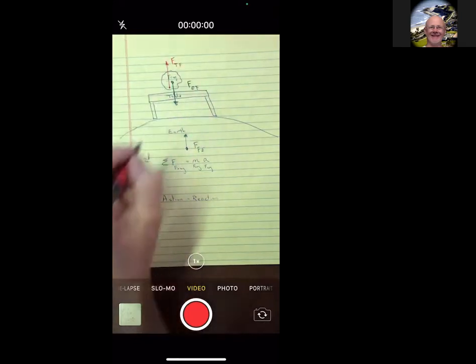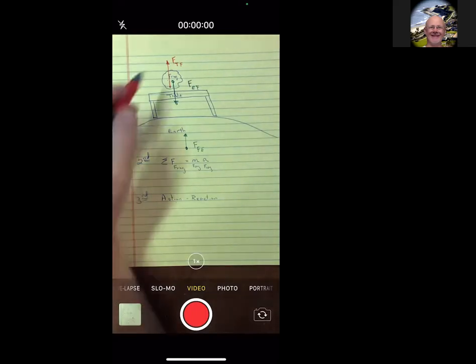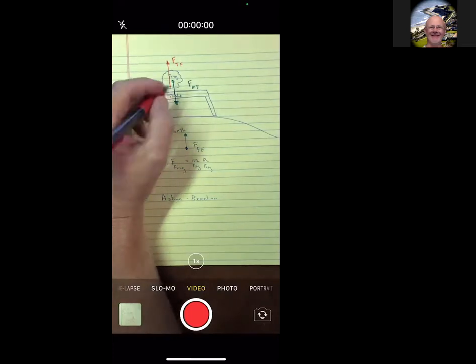Now, let me also remember Newton's third law again. There's an action-reaction. So for every force, there's an equal and opposite coming from that object. So remember, this force on the frog came from the table.